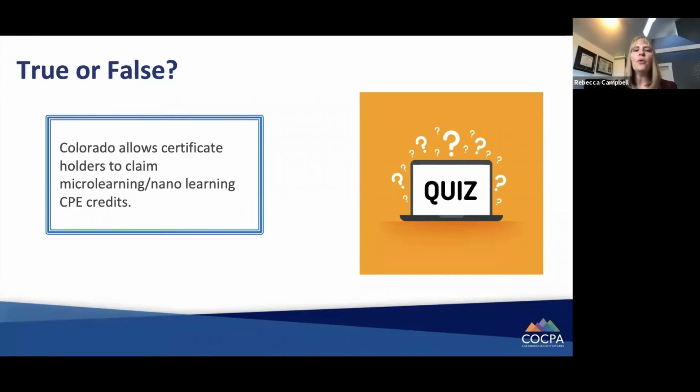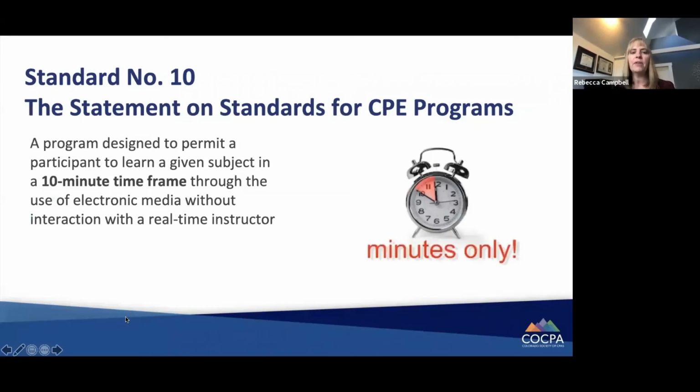All righty. So the State Board of Accountancy in 2016 adopted the new rules around nano learning. So nano learning is CPE in a 10-minute time frame. I don't know about some of you, but I have to be honest, a few years ago, I was very skeptical. I thought, well, what can I learn in a 10-minute time frame? And I attended a demo by the big firms, showing a 10-minute CPE credit on how to figure out a particular line on a Form 1040.